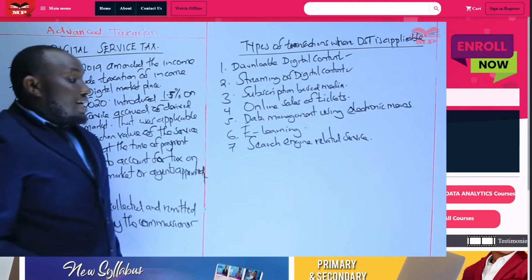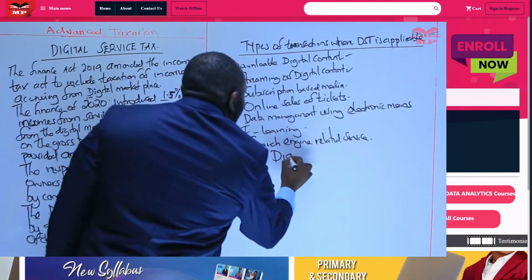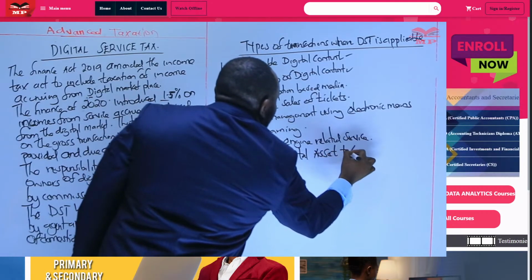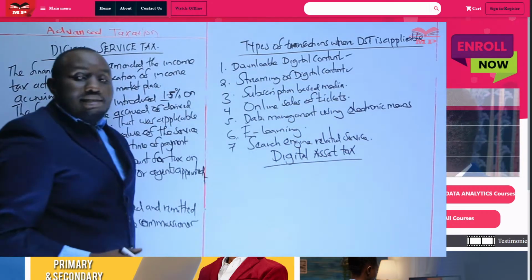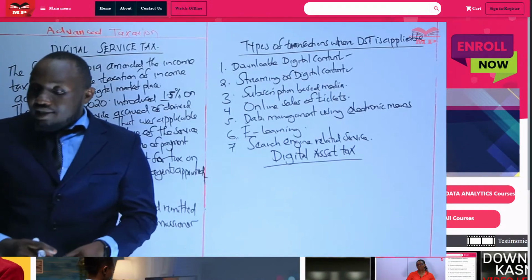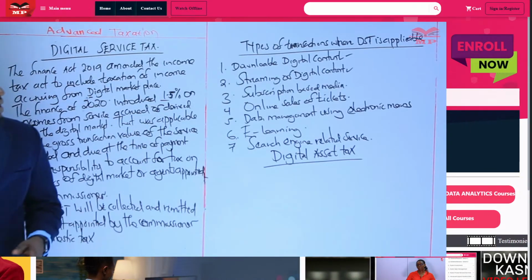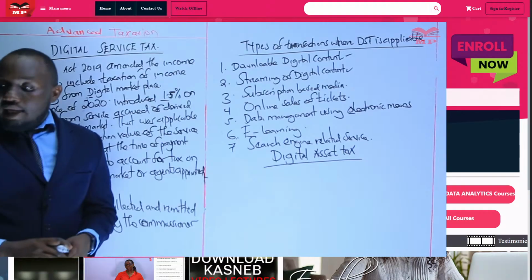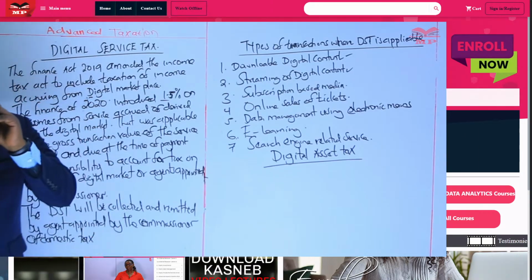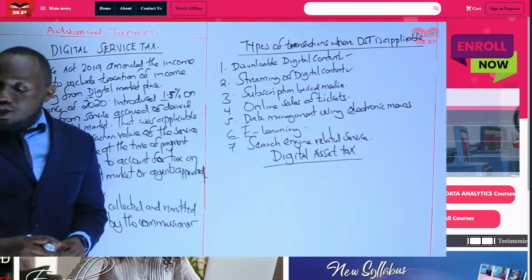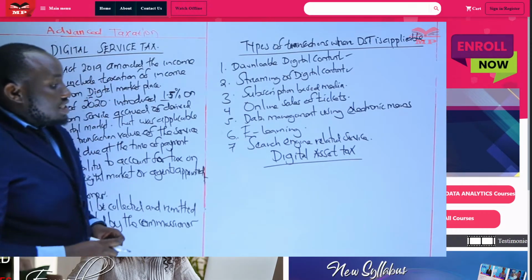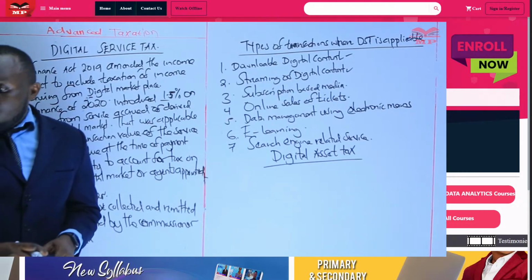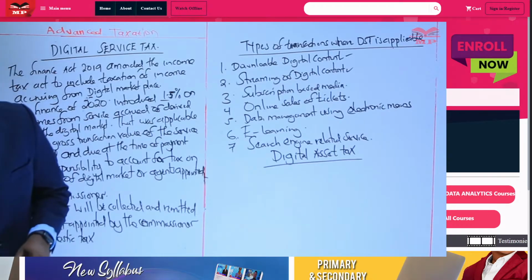I want us to talk about digital asset tax. So what is what we call digital asset tax? We say anything of value that is not tangible, cryptocurrencies, tokens, codes, numbers held in digital forms.